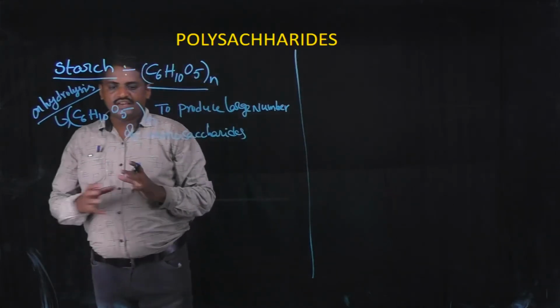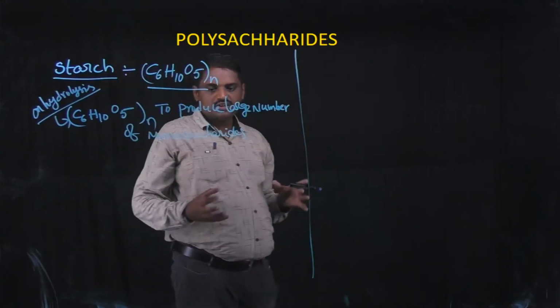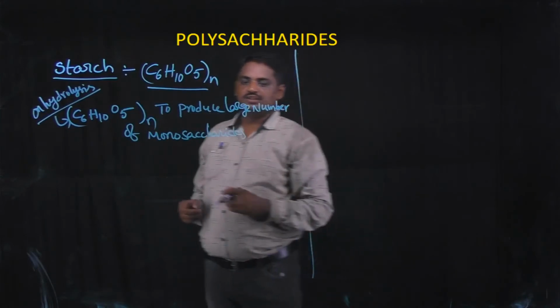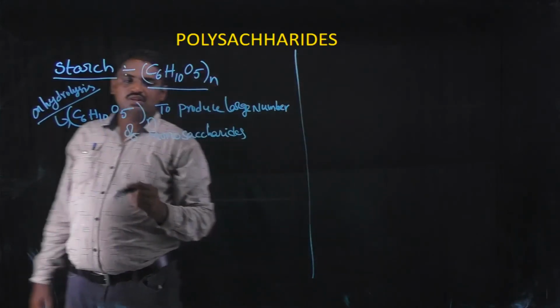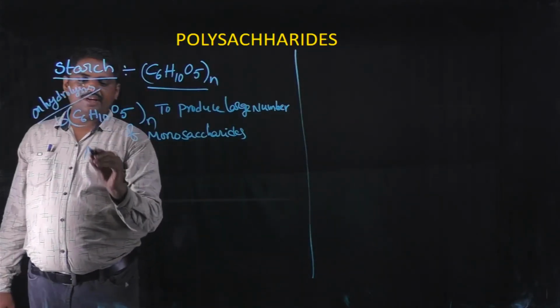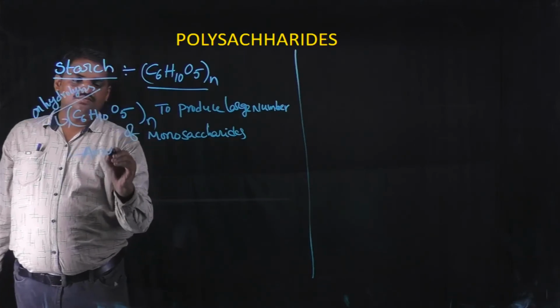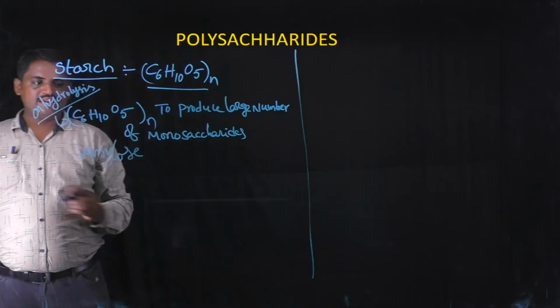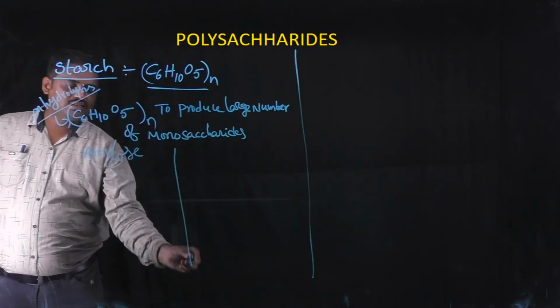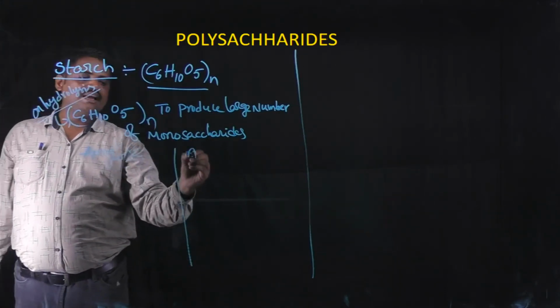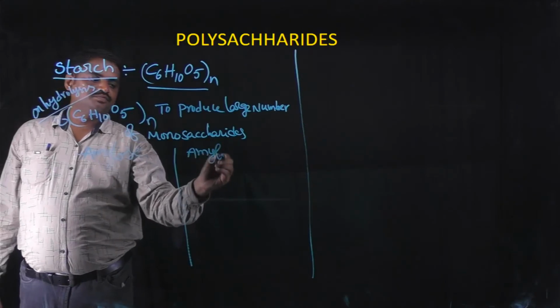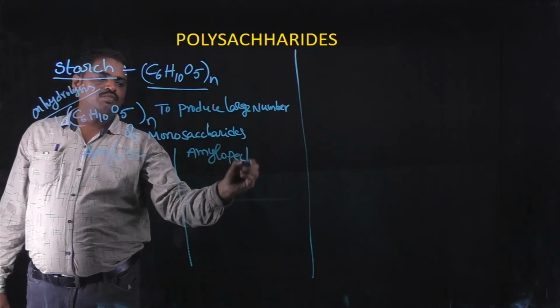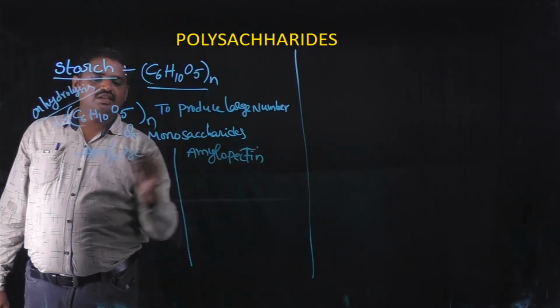Okay, generally on hydrolysis of starch, two units are observed. The first unit is amylose, and the second unit is amylopectin.